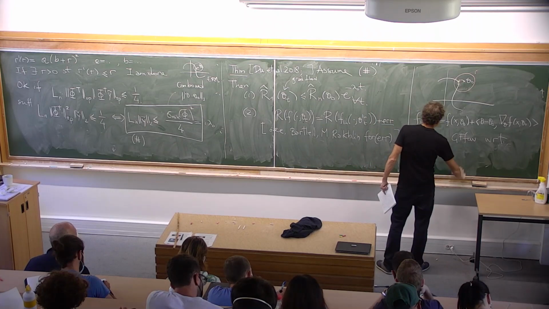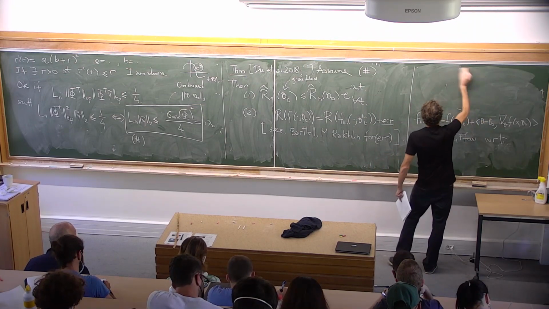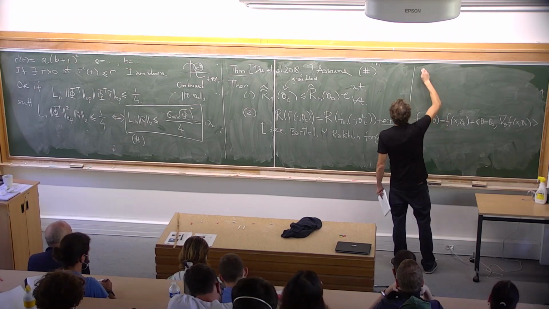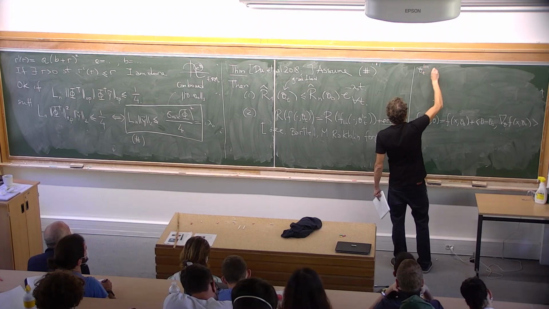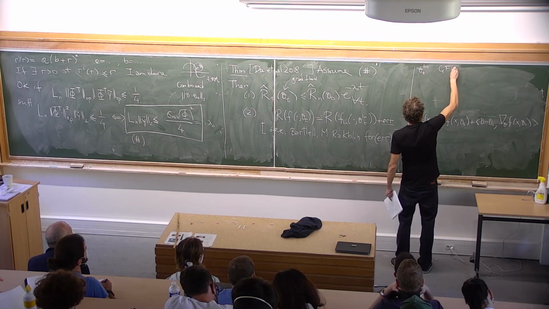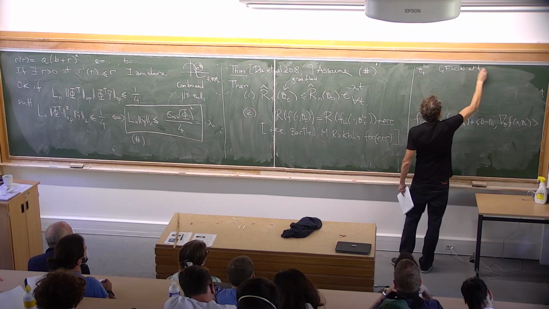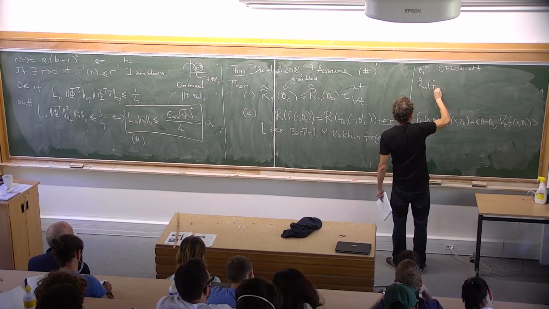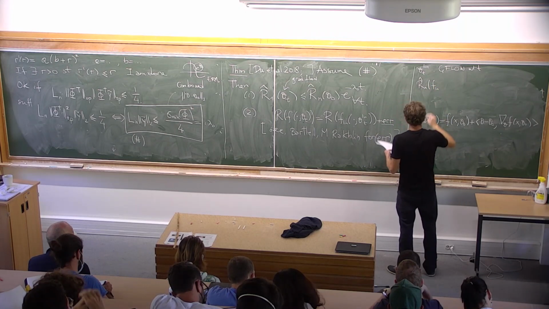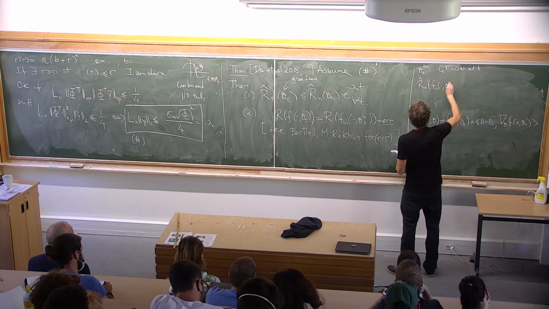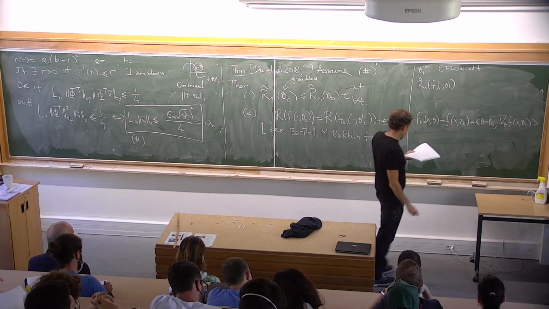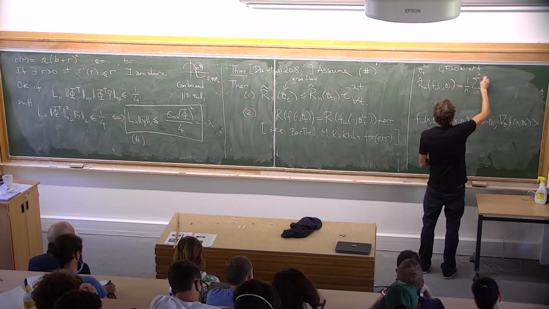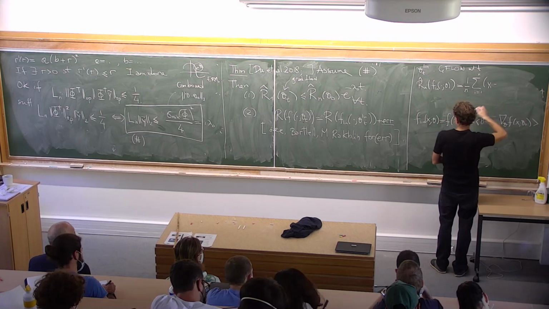Okay, let me perhaps erase this picture. Gradient flow with respect to R hat n of the linear model, which is 1 over n, or whatever you have here.